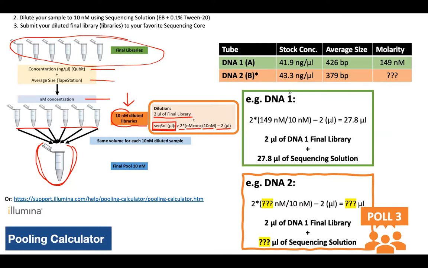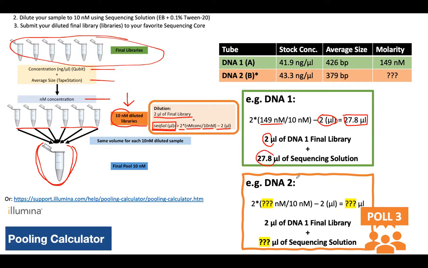For example, for sample 1, we use this formula. This is the nanomolar concentration, so it's 2 times 149, divided by 10, minus 2, because this is the volume we are already using for our final library. It's 27.8. So at the end, it's 2 microliters of my final library and 27.8 microliters of my sequencing solution.